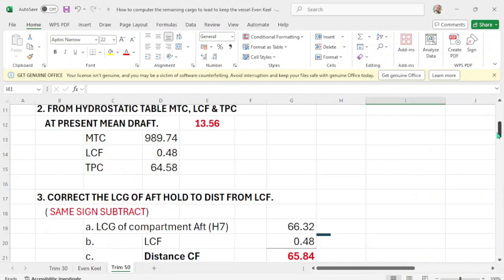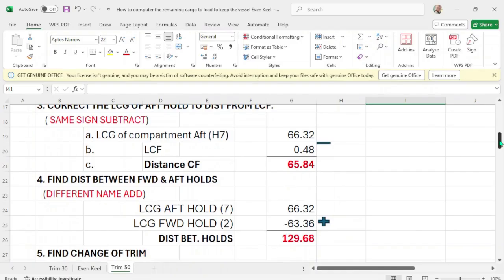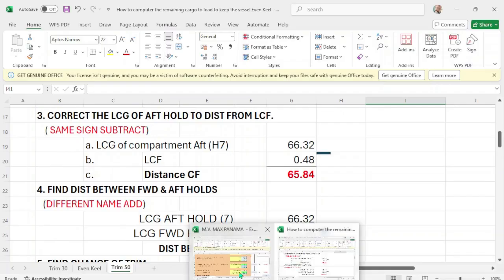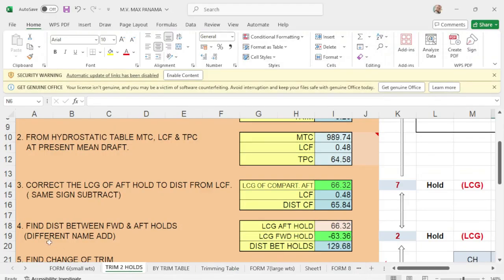Number 4 is find distance between forward and up holes. So meaning, what is the distance between hold 7 and hold number 2? Number 4 is find distance between forward and up holes, meaning 7 and 2.